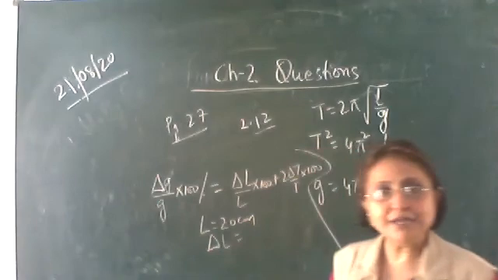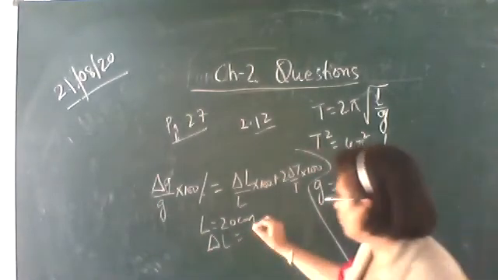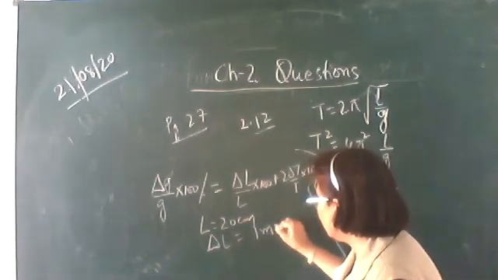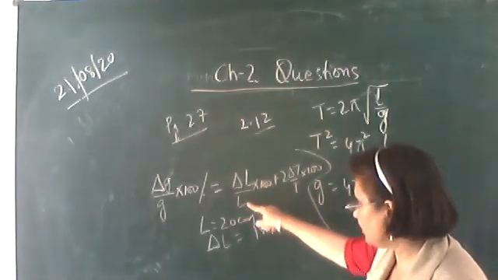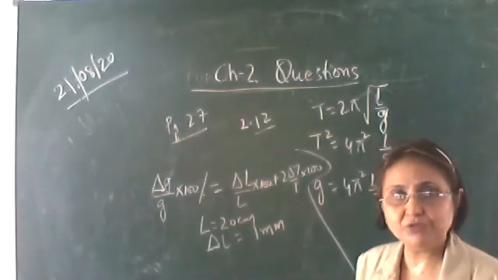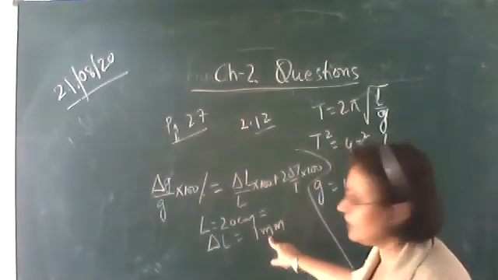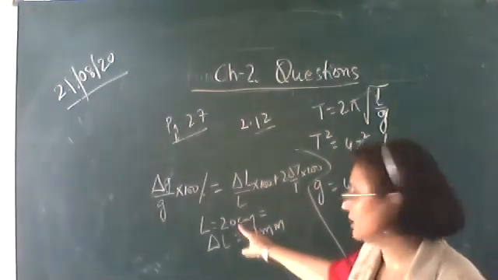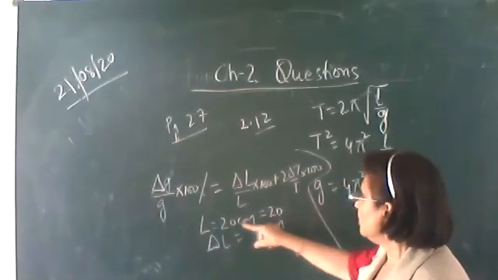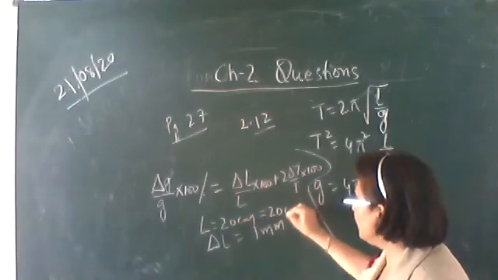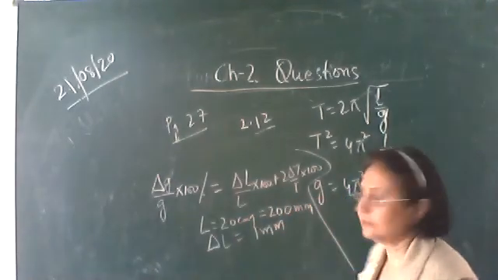It will be of 1 millimeter only. So what is delta L? Delta L given here is 1 millimeter. Okay, when we substitute it here, both should be in the same units. 20 centimeters, either you can convert millimeter in centimeter or centimeter in millimeter. Let's convert 20 centimeter in millimeter, which is 200 millimeter.